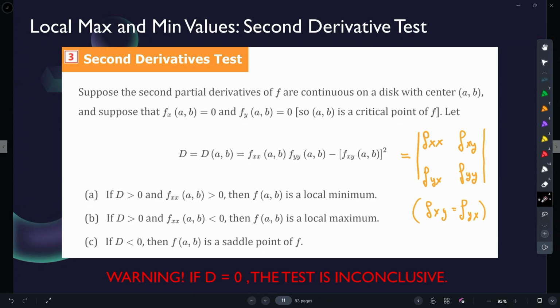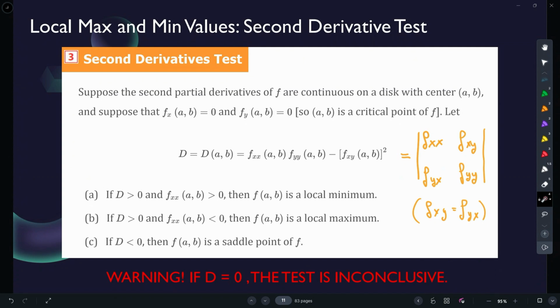That, by the way, is called Clairaut's theorem. But in any case, we compute this auxiliary number, and it gives me a criterion. When this number is negative, let me start there, then it is a saddle point, end of story.